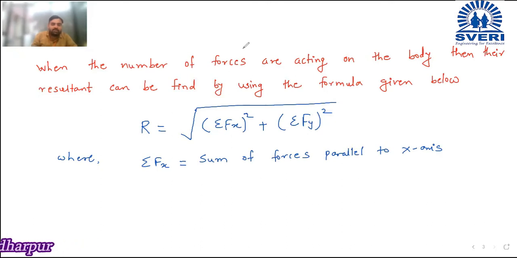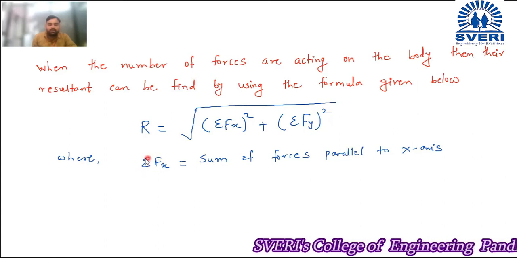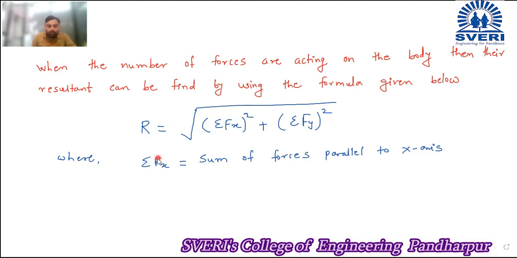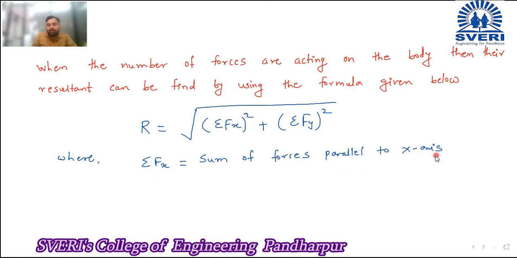The summation sign is for sum, F stands for forces, so summation F means sum of all the forces. If I write x, those forces are parallel to the x-axis.